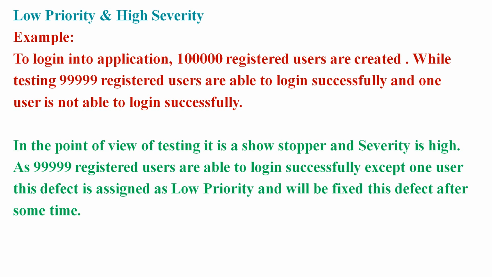If the login functionality is not working, he cannot log into the application. If he cannot log into the application, he cannot test the entire application. That is called a showstopper. Right? In the perspective of the software test engineer, if this is a showstopper, then immediately the concerned software test engineer has to assign high severity level for the defect.